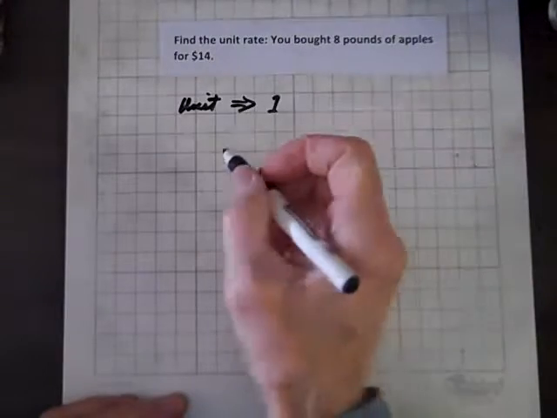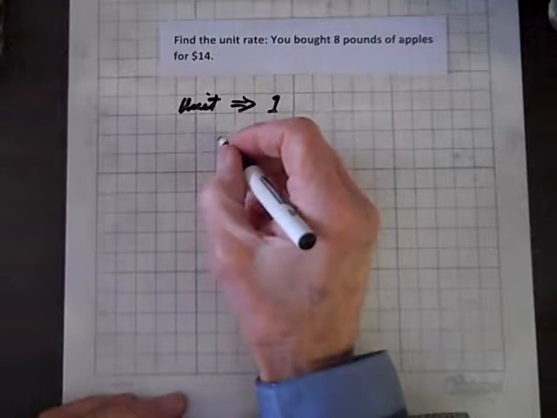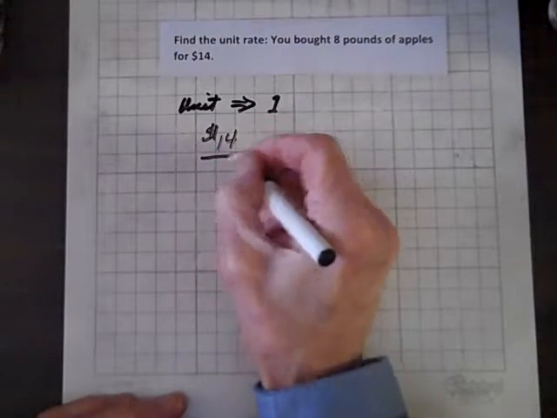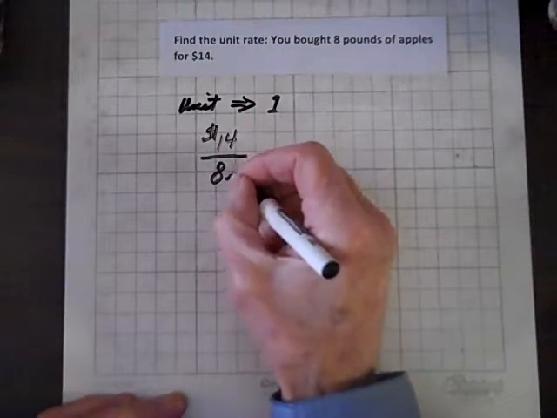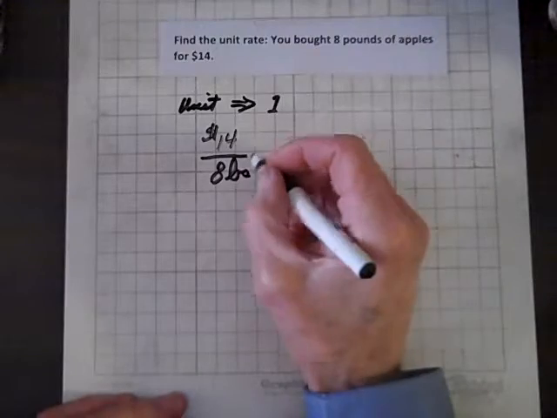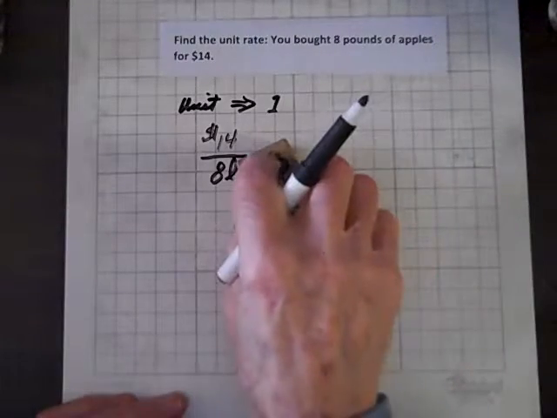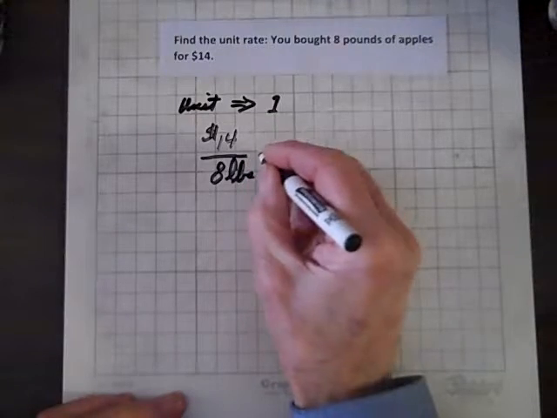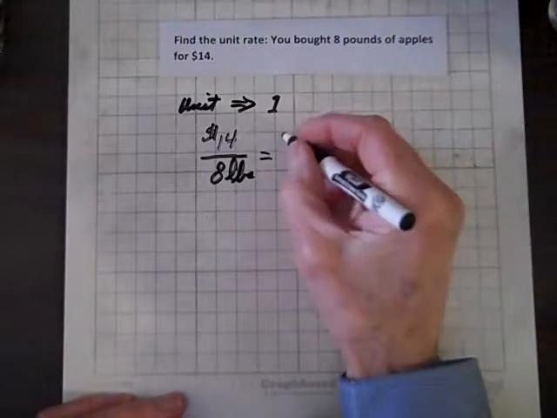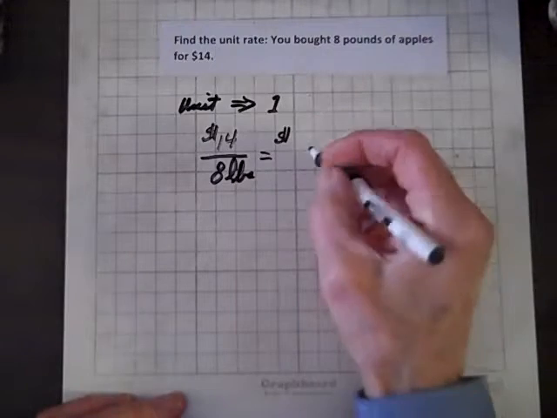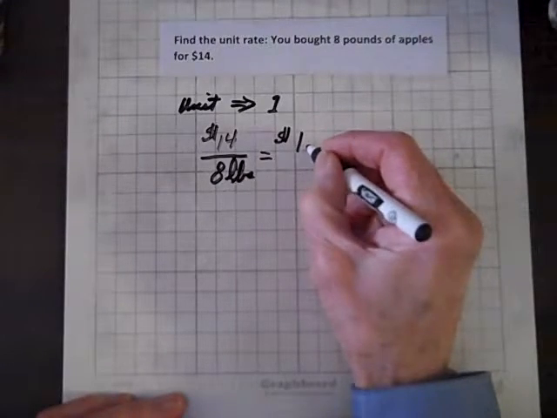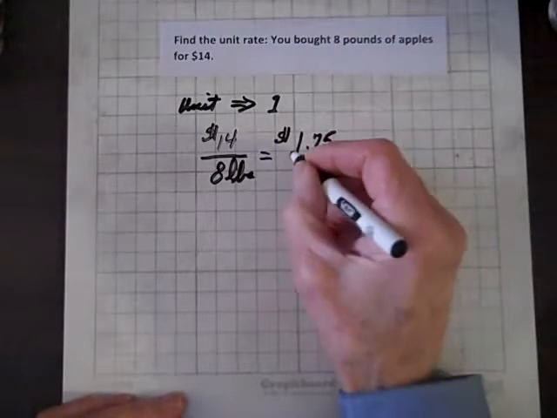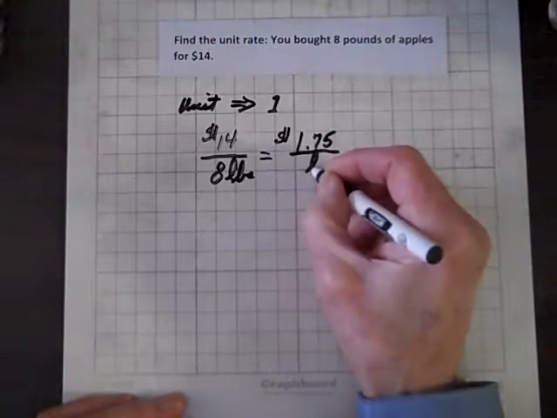And so on. So let's buy these apples, and for these apples you pay $14 for 8 pounds, LBS, excuse me. And when you carry out this division, the long division, or use a calculator, what you're going to get is $1.75, and that's going to be per pound.